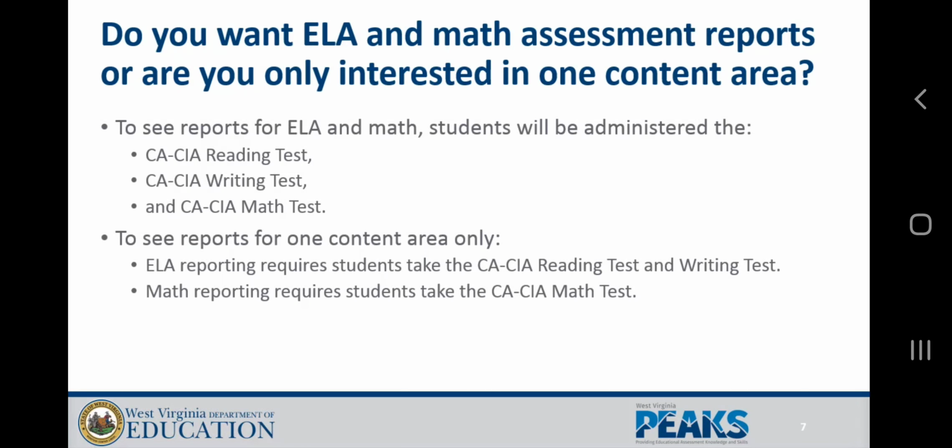To see reports for one content area only, remember, in ELA, students will take the CA-CIA reading test and the CA-CIA writing tests. For math reporting, students only need to take the CA-CIA math test.